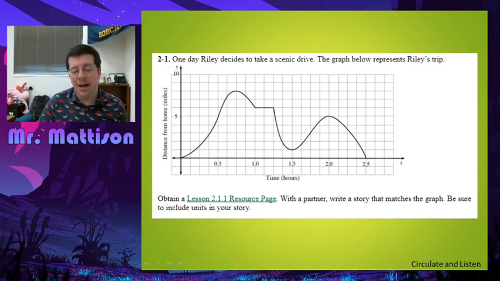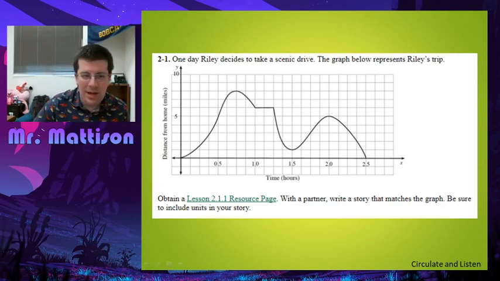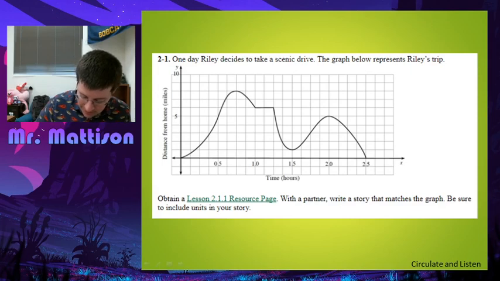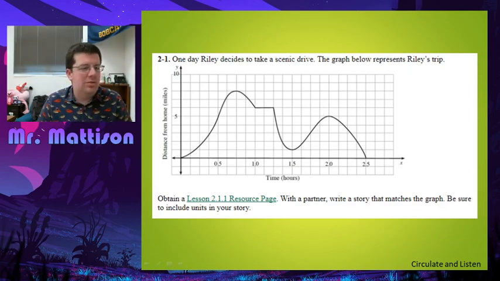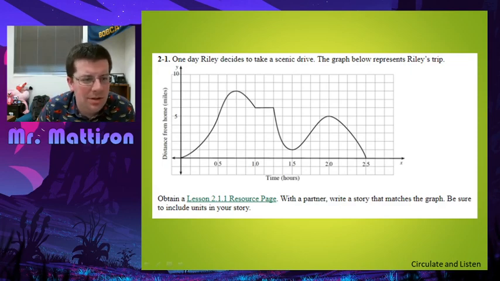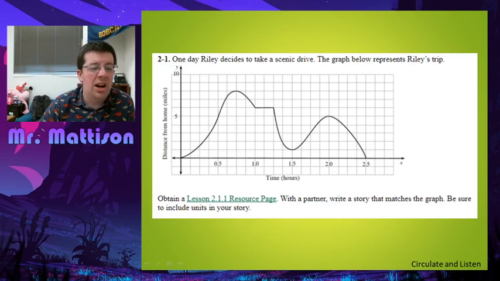So she's going 8 miles in 0.75 hours. If I do 8 divided by 0.75, I get 10.6 repeating, or 10 and 2/3. So almost 10 miles per hour on average going from here to here.